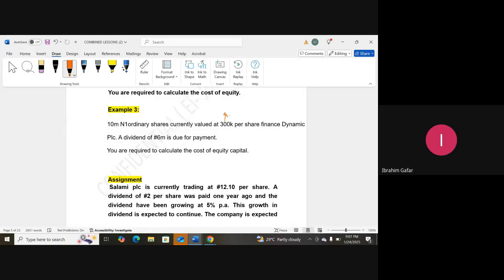Let this class be interactive, please. The market value of the shares, which is the MV. So this market value of the share, is it cum div or ex div?